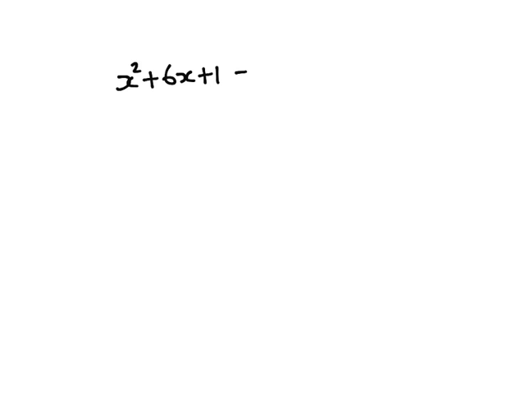Now it looks like x squared plus 2 times x into 6. I'm sorry, it's not 6 here, it is actually 3. So 3 here, so into 3.